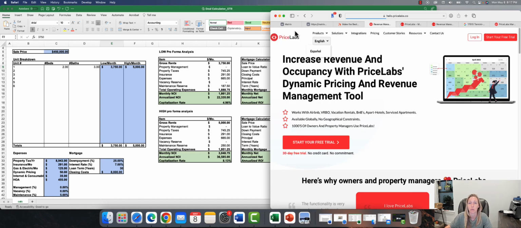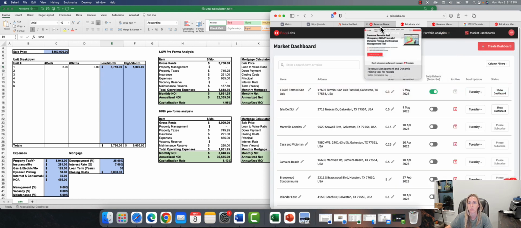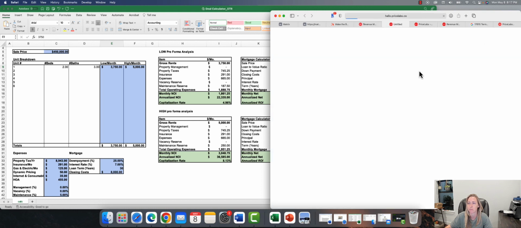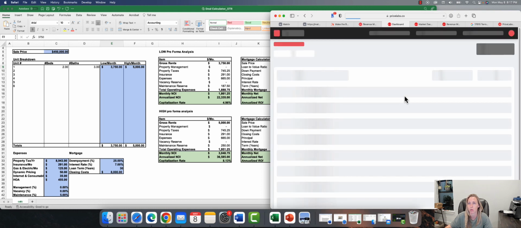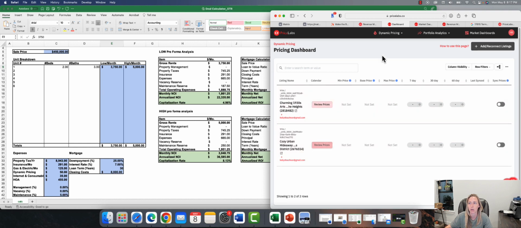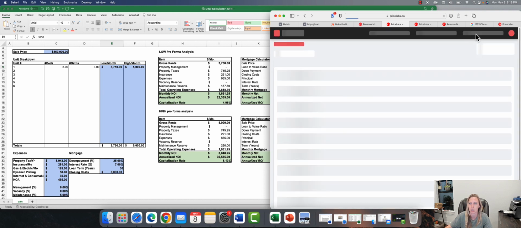The other one I like to use is PriceLabs. You can have a free trial, but I usually have an account, and then I just pay per address I'm running the analysis on. I'm just going to log in step-by-step real quick. This is what comes up at first, and you want to go to Market Dashboards.